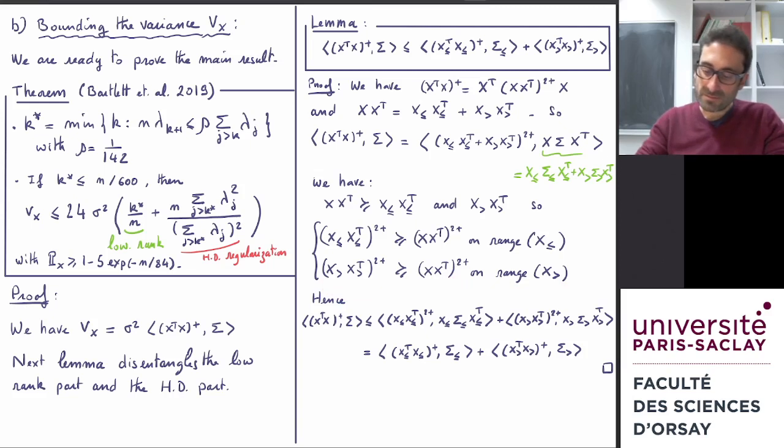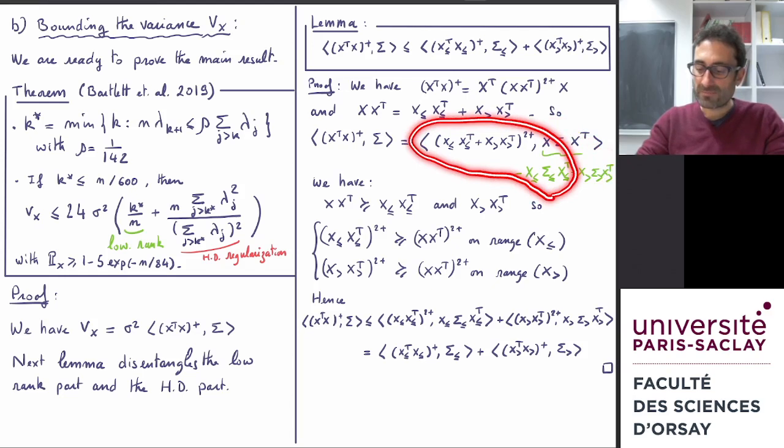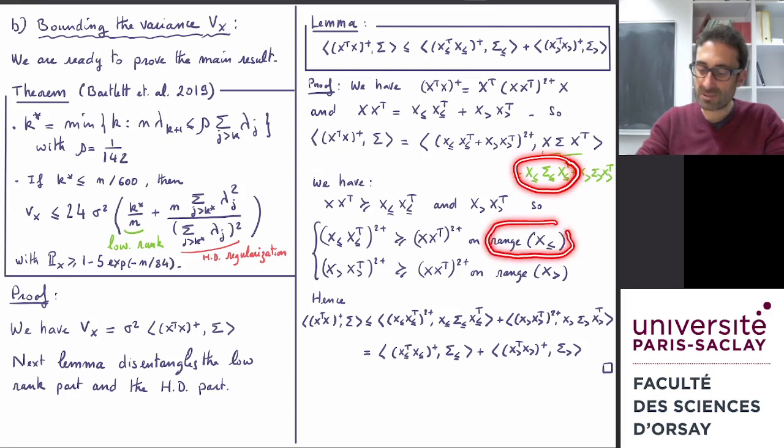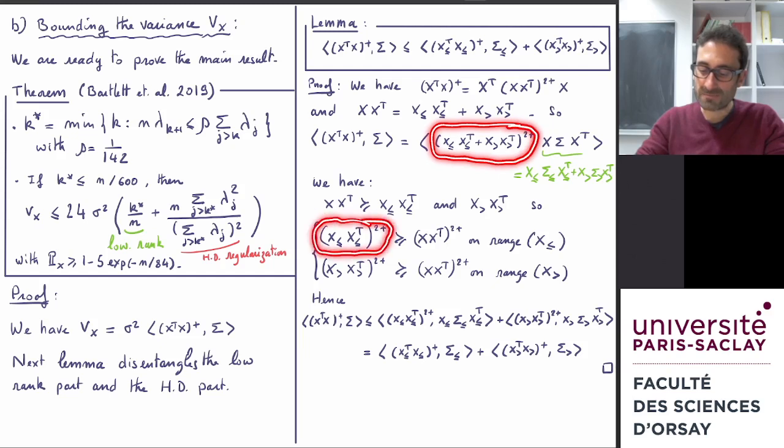So now let us come back to this quantity here. First we look at the scalar product with the low dimensional part. In this case, you see that this matrix lives on the range. The range of this matrix is the same as the range of the low dimensional part of X. So I can use the fact that this matrix here is dominated by this matrix.